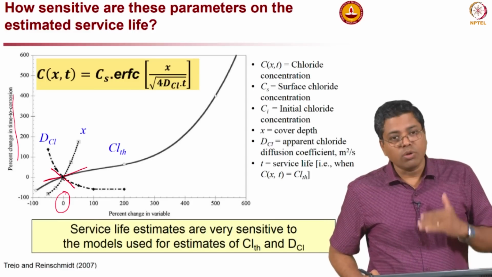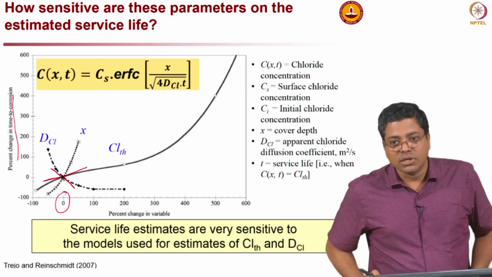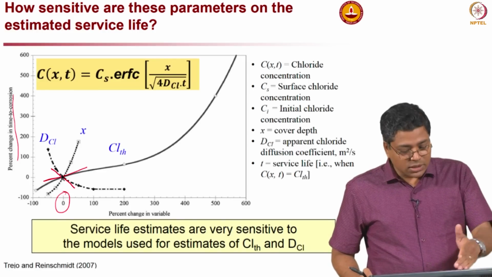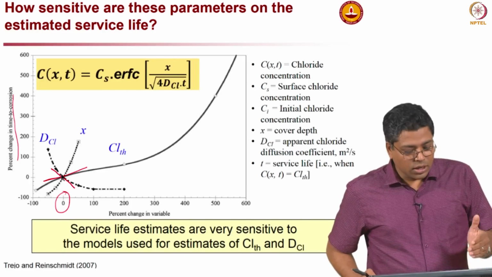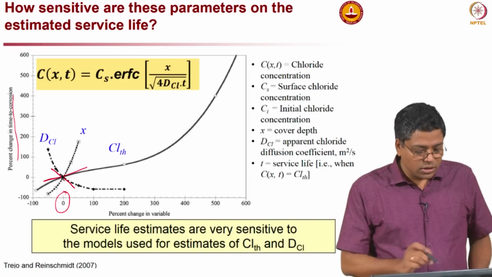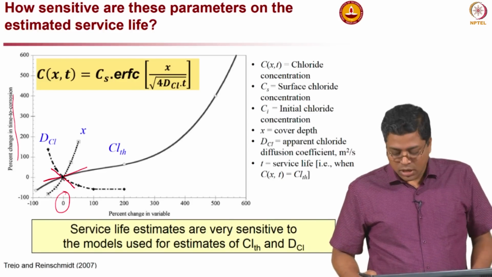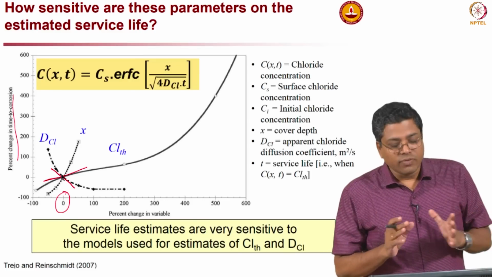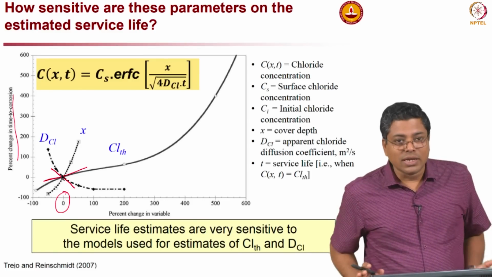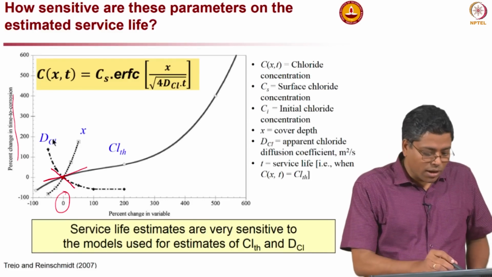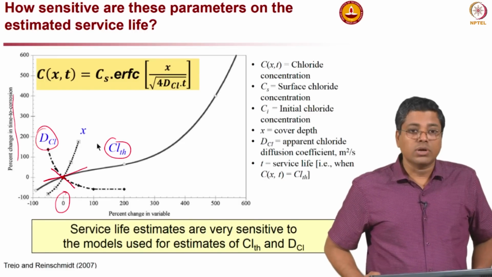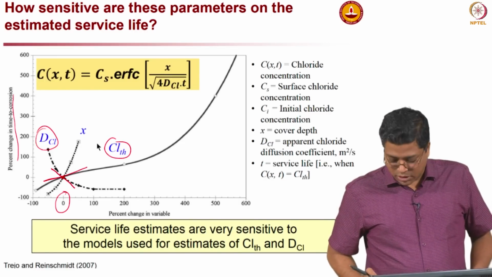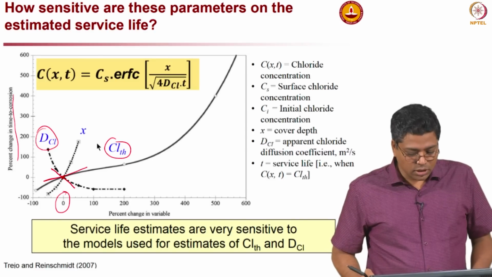The greater the slope, the more sensitive that parameter is. So, in these three cases you can see that cover depth is very sensitive, then the diffusion coefficient, and then the chloride threshold. However, when you talk about different systems, you cannot keep on increasing the cover. So, you have to really look at these two, which are more or less in our control when you talk about choosing materials.